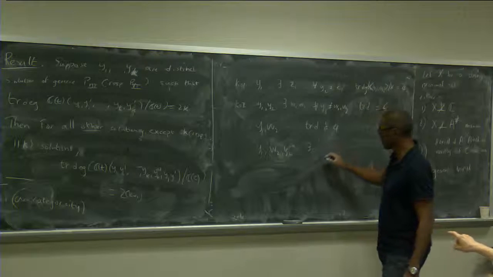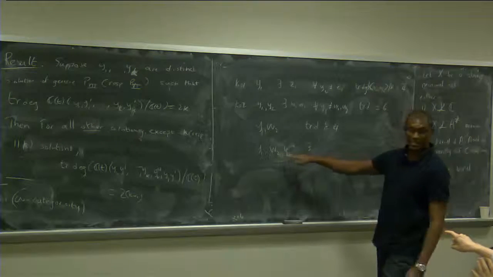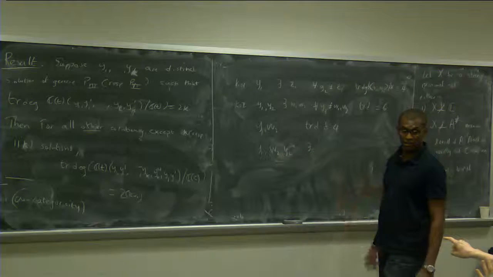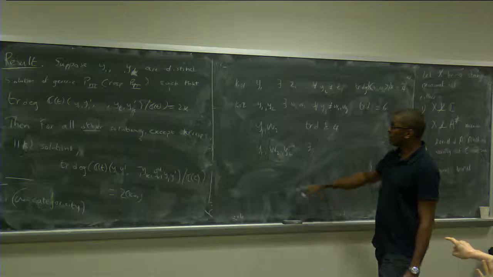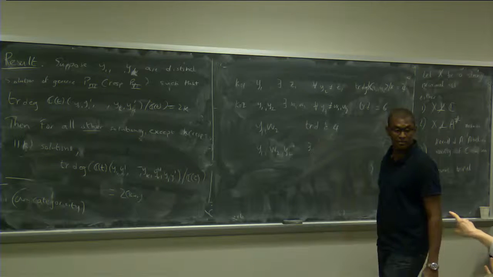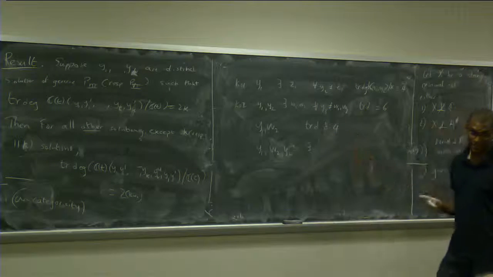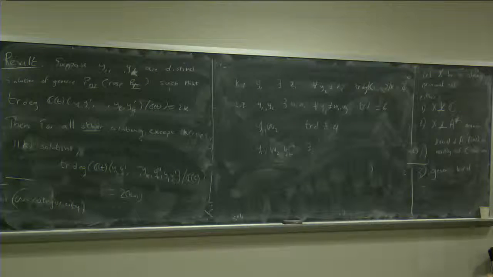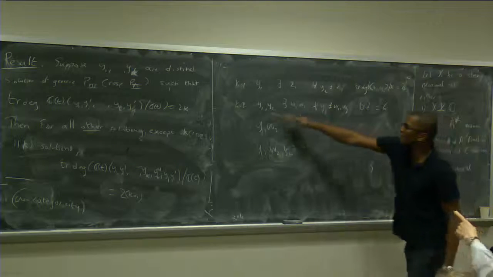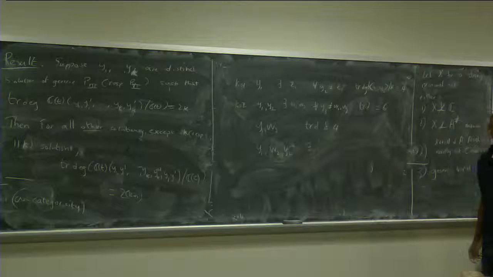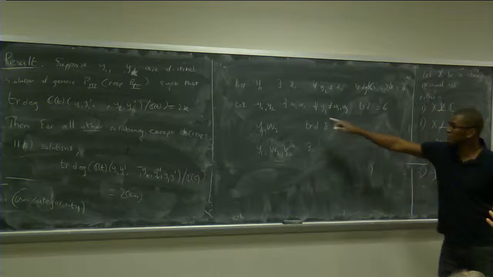Maybe instead of y3. But here already the transcendence degree failed, because of the hypothesis. W1, W2 are the bad ones.